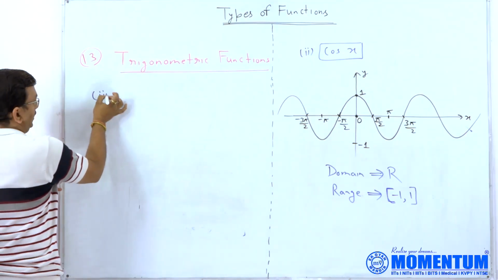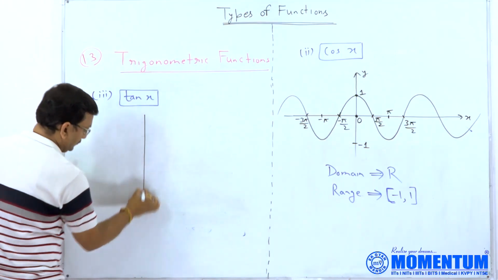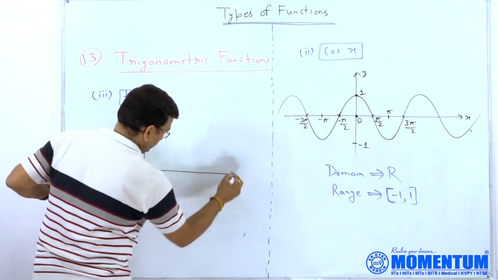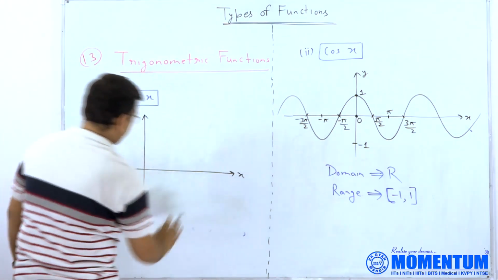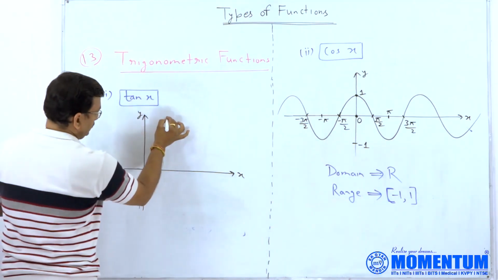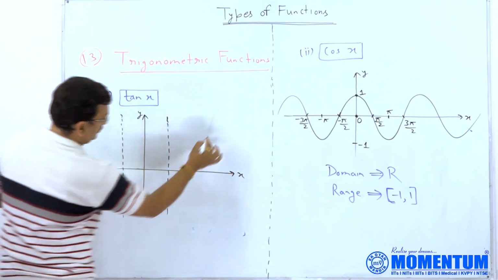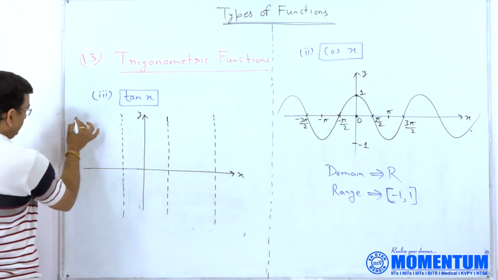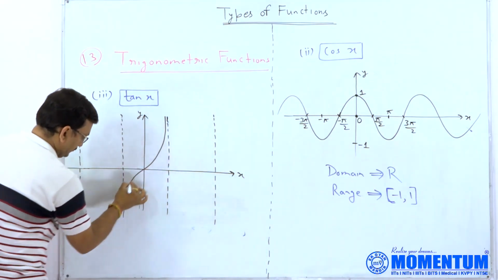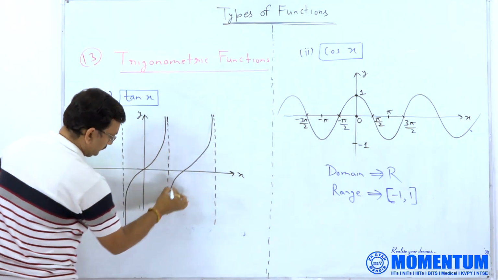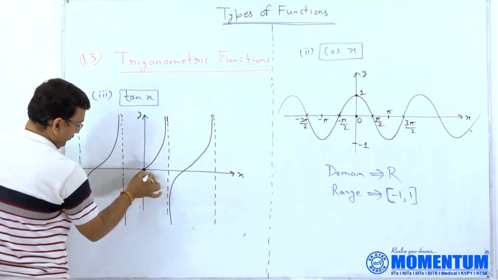Now, the third trigonometric function, tan of x. I have made vertical dotted lines.